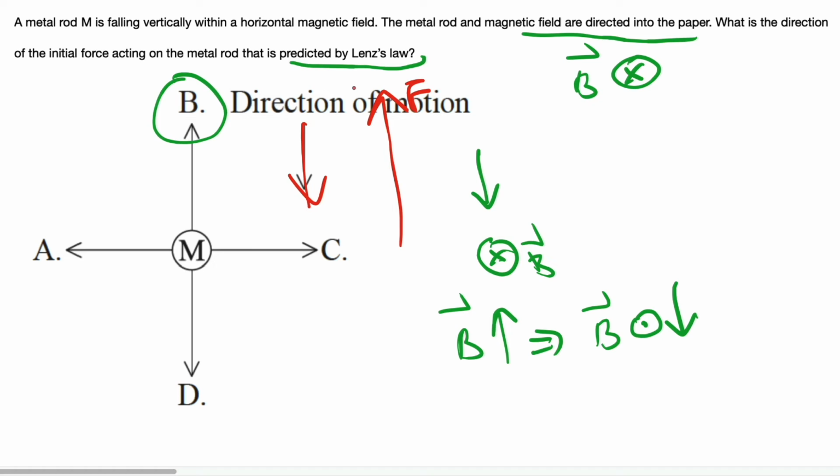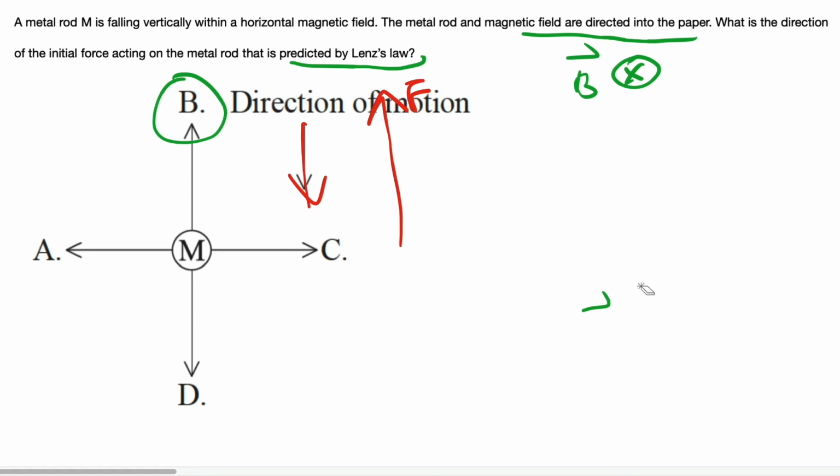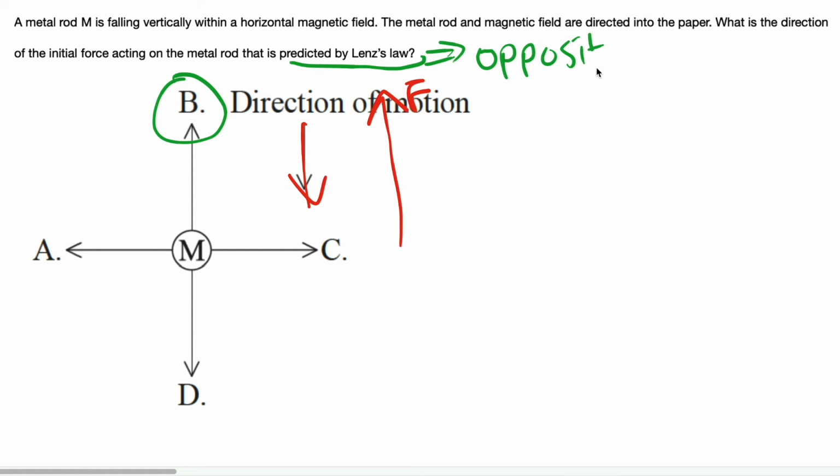Because they are in the opposite direction. And this is how you can solve this problem. In fact, you don't even need to care about magnetic fields here. Just know that Lenz's law says there will be an induced magnetoforce to oppose the change. And because the rod is traveling downward, there's going to be a force pointing in the opposite direction to oppose the change.